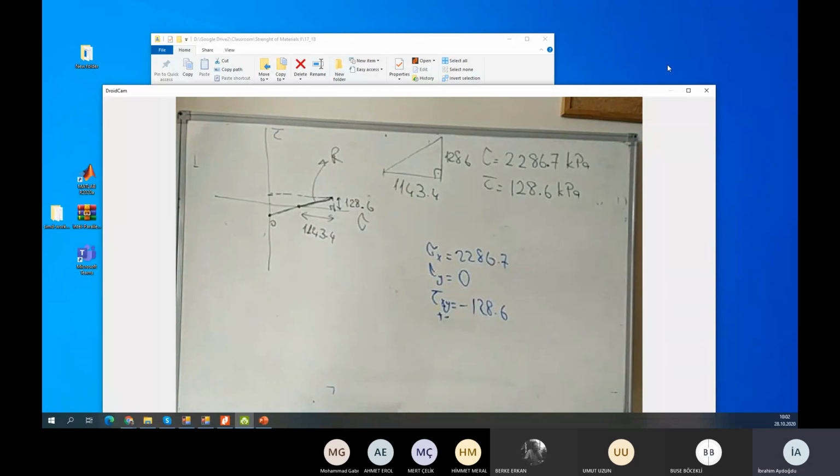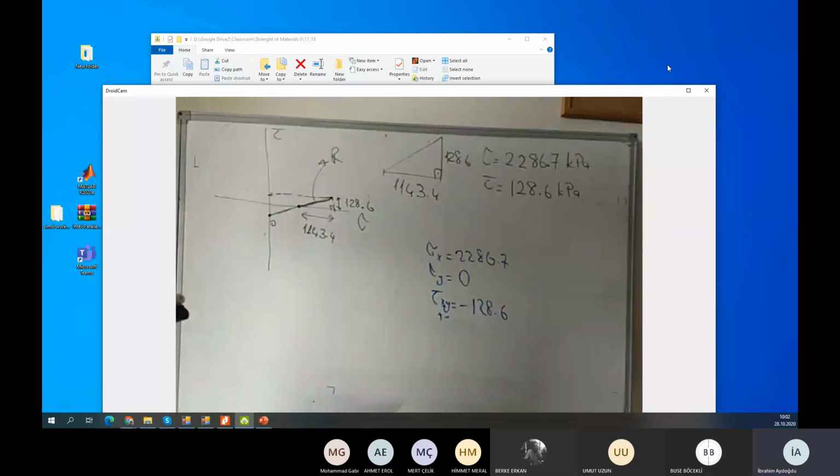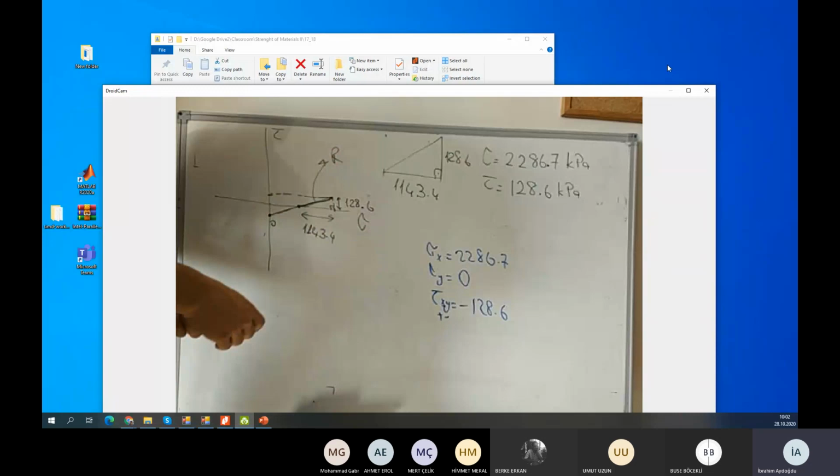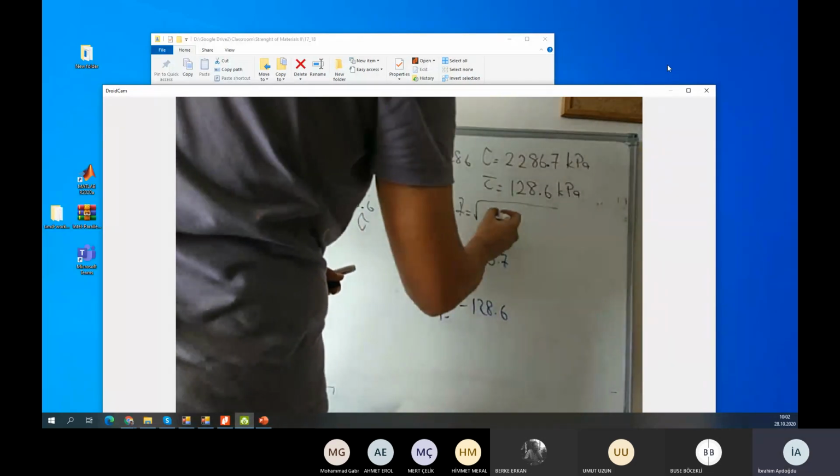Hangi teoremi kullanmam lazım? From geometry. Pisagor. Olabilir mi? Olabilir. Okay, using the Pythagorean theorem, I can calculate R. You can see R is equal to square root.